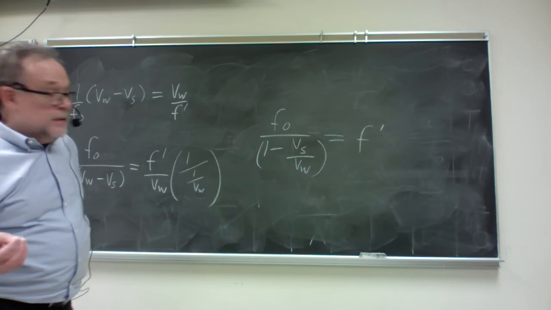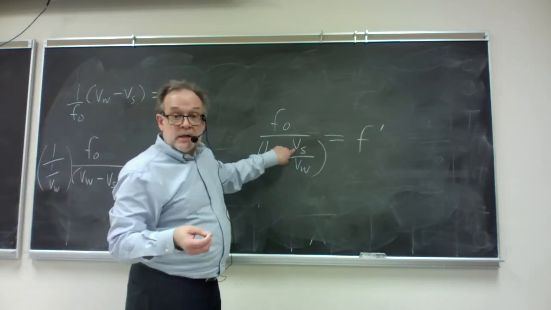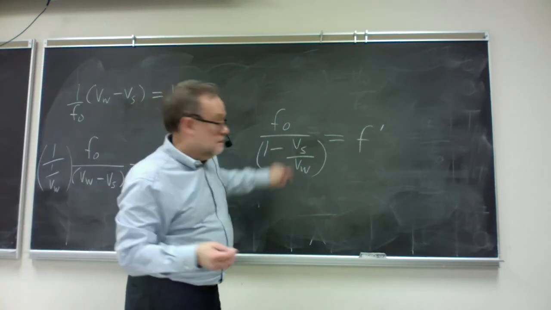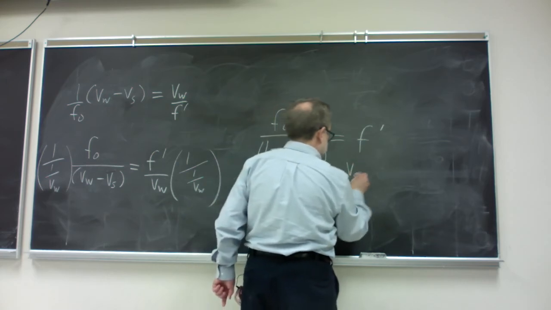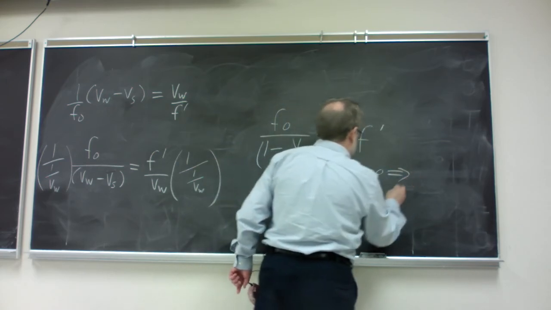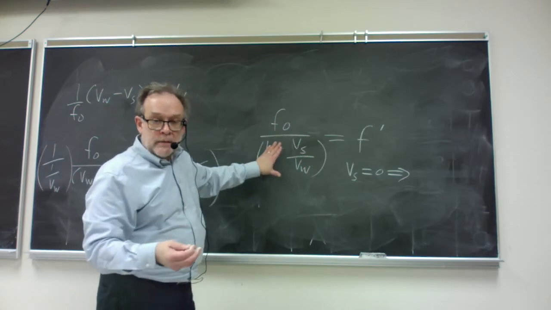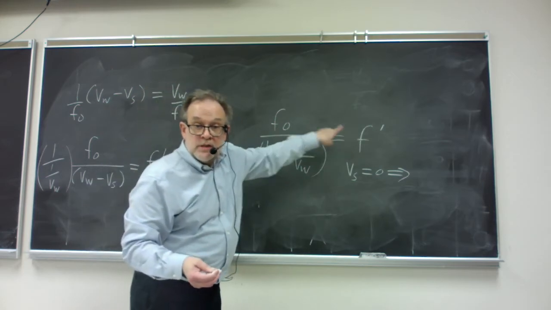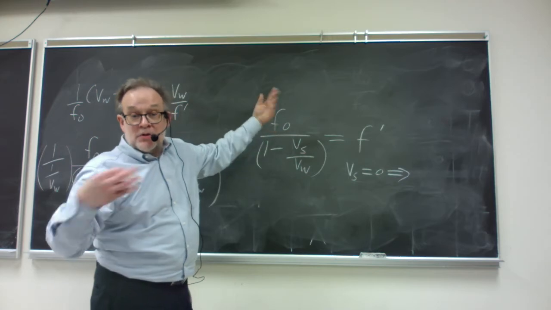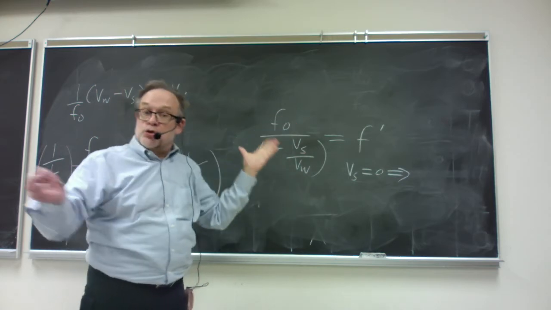So notice, if the source is stationary, that means the denominator here is just plain 1, and the perceived frequency is the same as the source frequency. There's no Doppler effect.